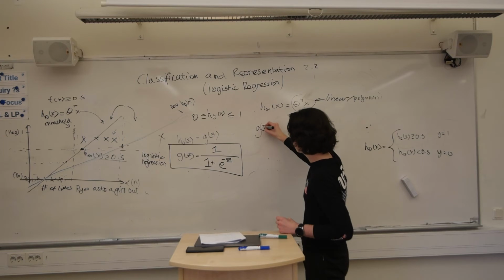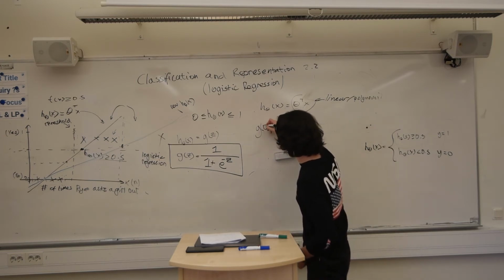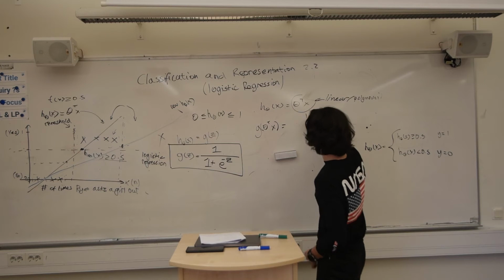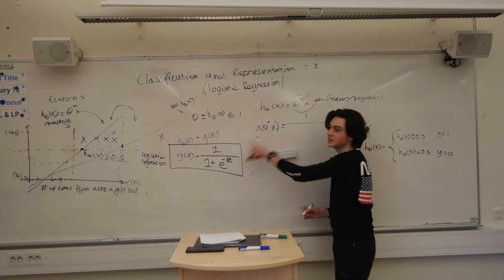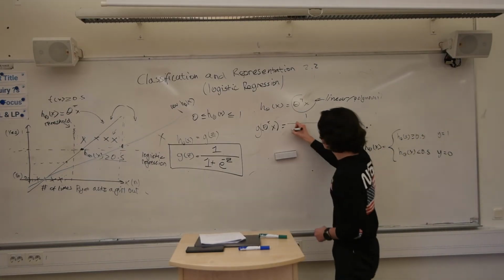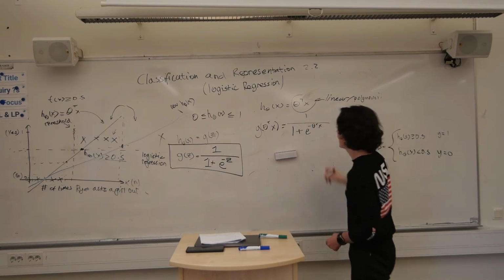It's g of theta transpose x, and that's going to be equal to, all I'm going to do is replace z with theta transpose x. It's going to turn into 1 over 1 plus e to the negative theta transpose x.